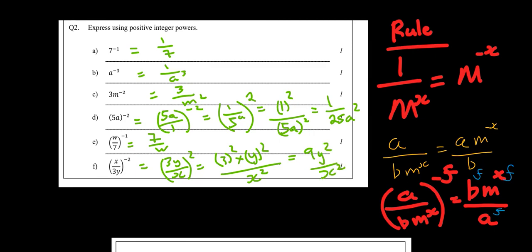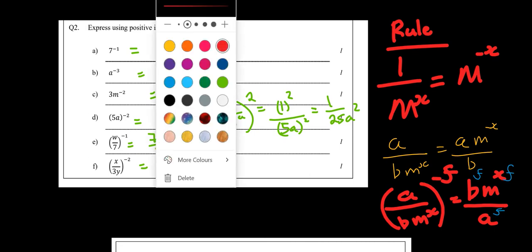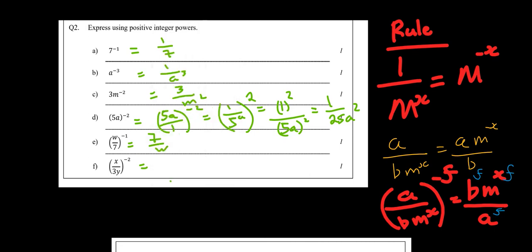It's a little bit cumbersome squaring individually. If you've had enough practice with these, I think it's sufficient just to write this straight away. 3y over x all squared, 9y squared over x squared.